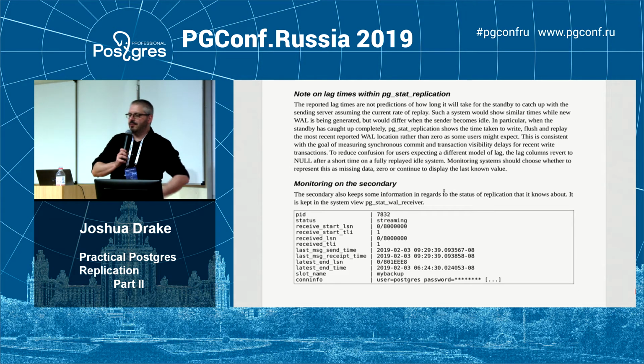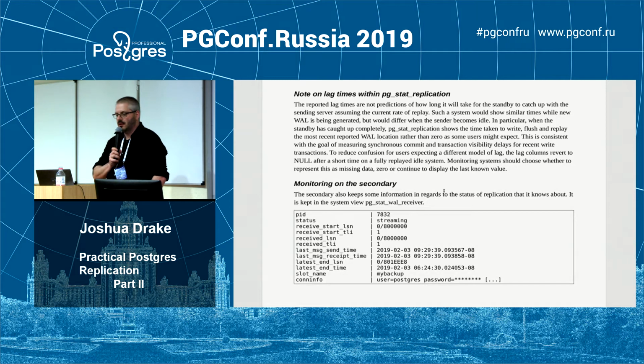On the lag times within pg_stat_replication, the reported lag times are not predictions of how long it will take for the standby to catch up. Such a system would show similar times while new WAL is being generated, but would differ when the sender becomes idle. In particular, when the standby has caught up completely, pg_stat_replication shows the time taken to write, flush, and replay the most recent reported WAL location rather than 0 as some users might expect.